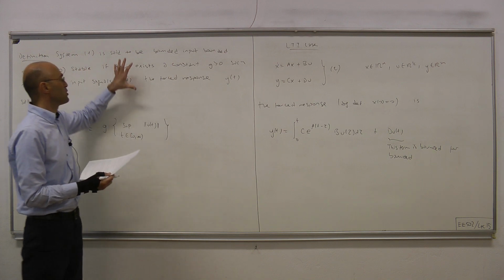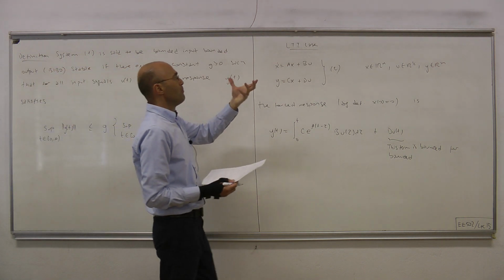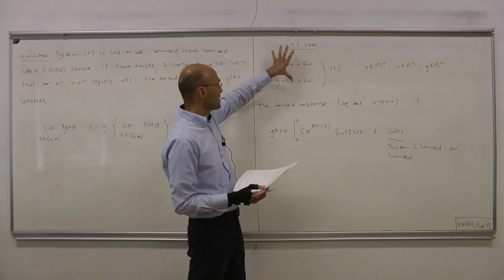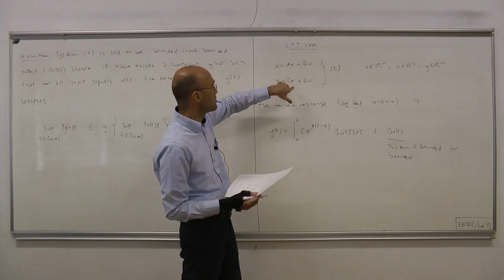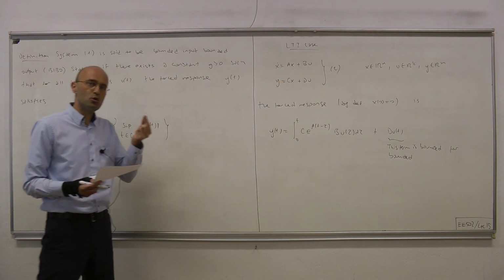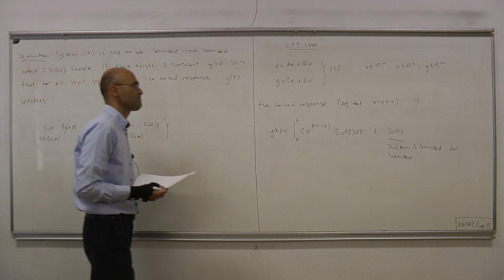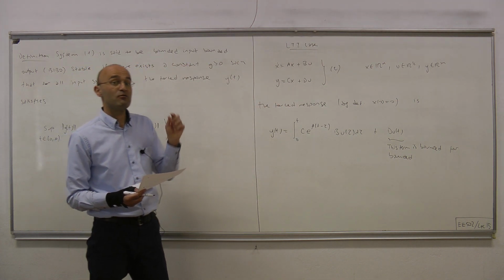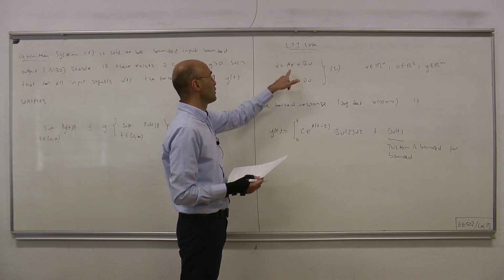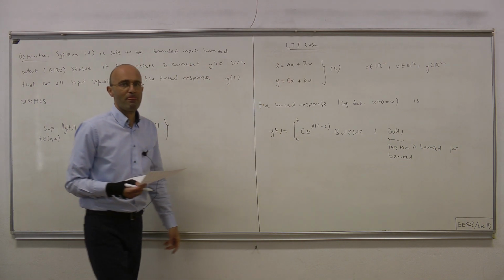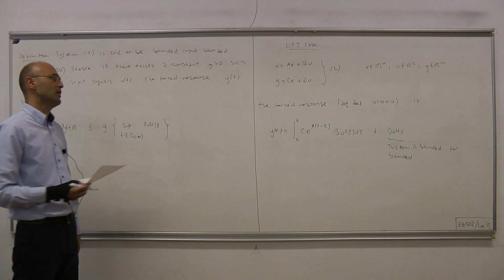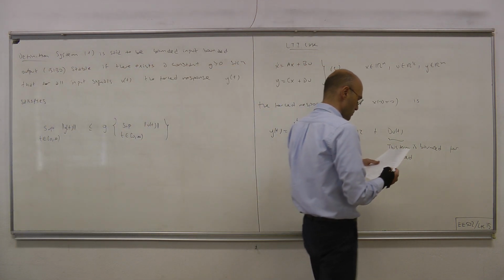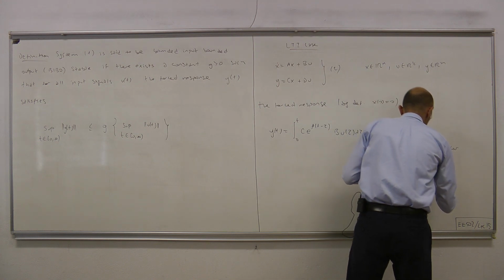So that means, when you look at this definition, bounded input, bounded output stability of this system is the same as the same system, or almost the same system, with the D matrix, or the Du term, omitted, neglected. Or once again, in other words, bounded input, bounded output stability for the LTI case depends only on the A, B, and C matrices. It does not depend on the D matrix. So this term is bounded for bounded u of t.